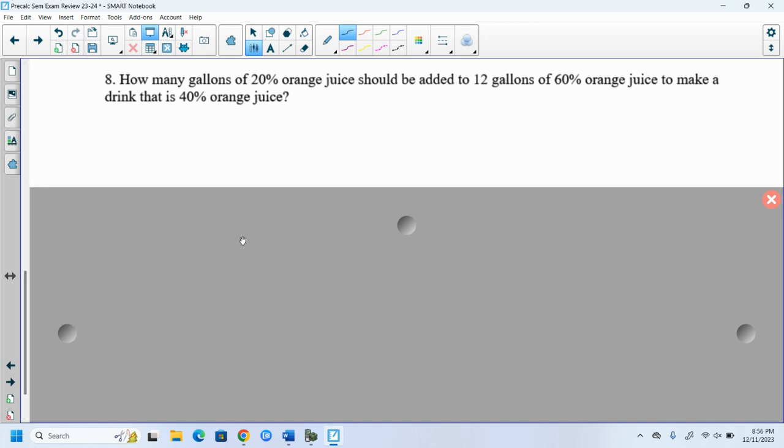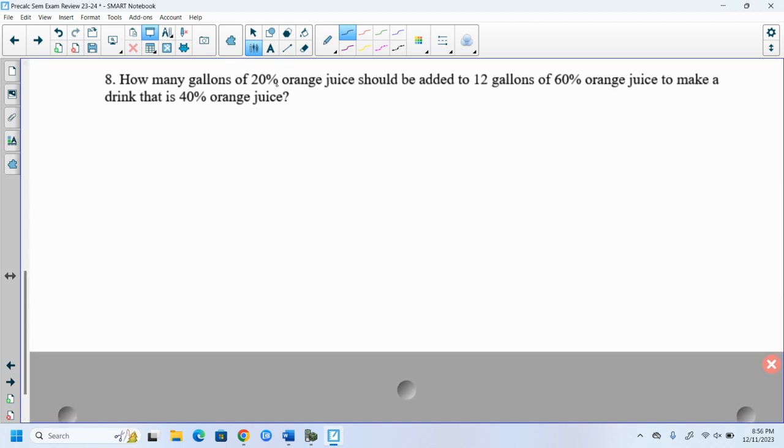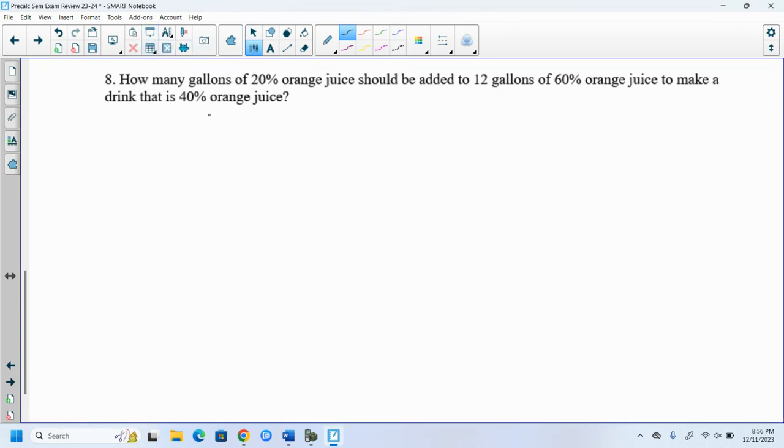All right, number 8. How many gallons of 20% orange juice should be added to 12 gallons of 60% orange juice to make a drink that is 40% orange juice? Okay, so you can do a chart. I do have a chart on my answer key with the worked out work, but I'm just going to set up the equation. We want to figure out how much pure orange juice in each case, and they have to add up to be the same.